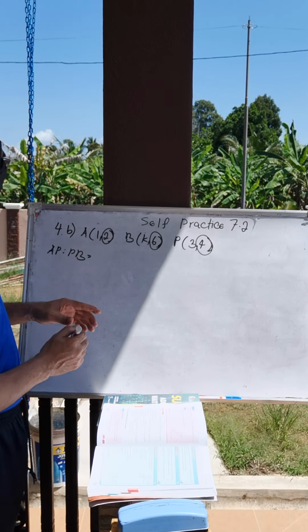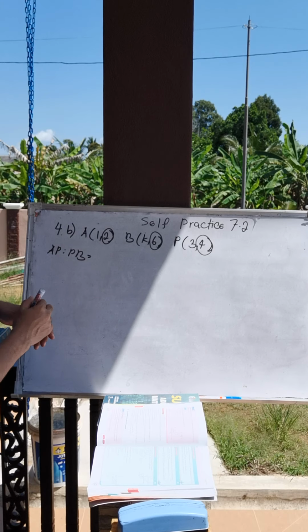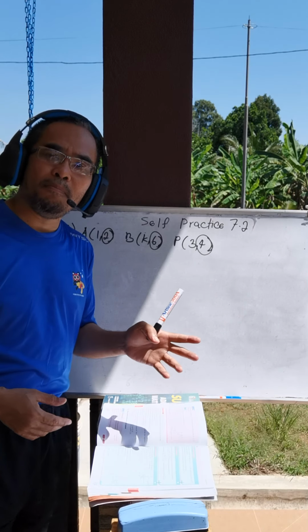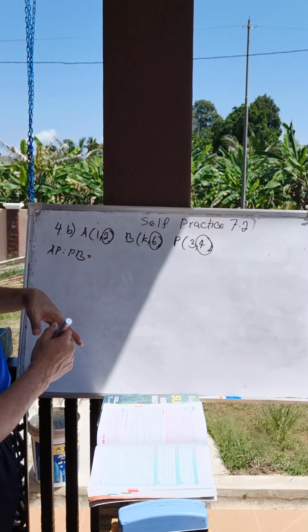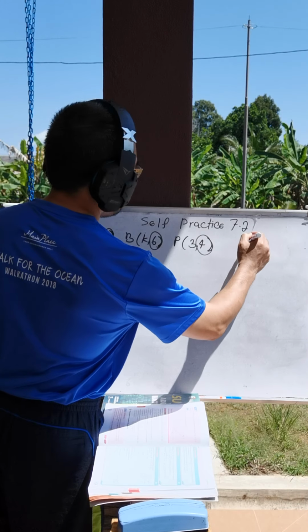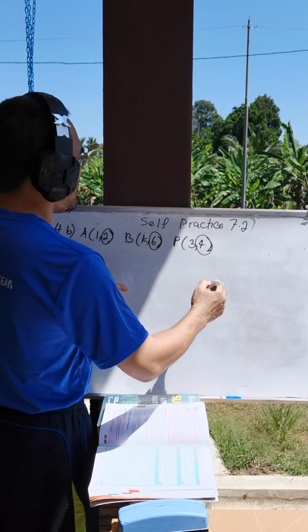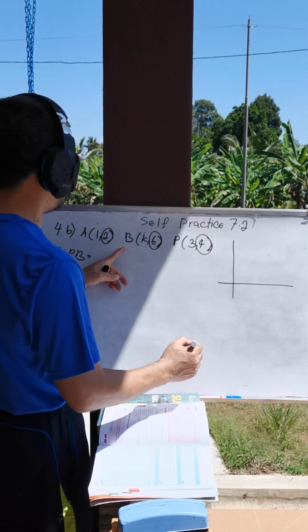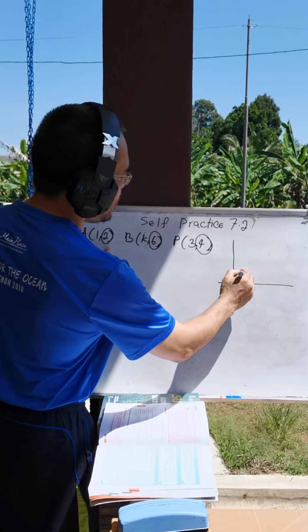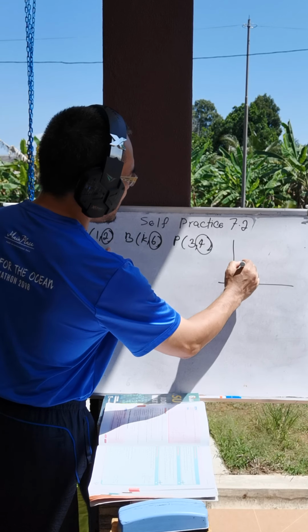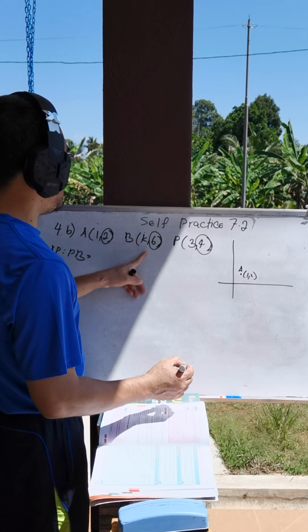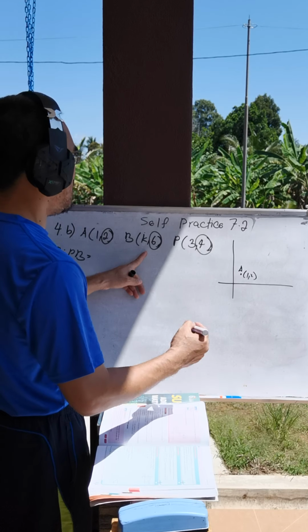And then the position, according to this one, P is between A and B. So if I were to draw 1, 2, K, 6, and 3, 4, all these are positive values. A is 1, 2, something like here. And then B is K, 6.